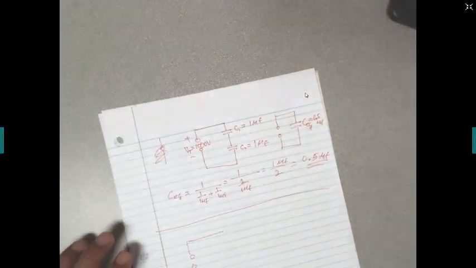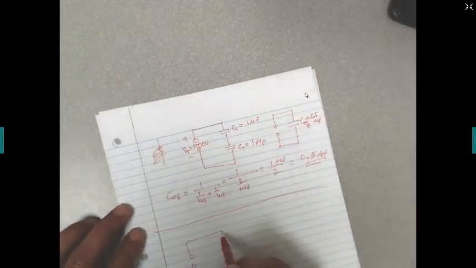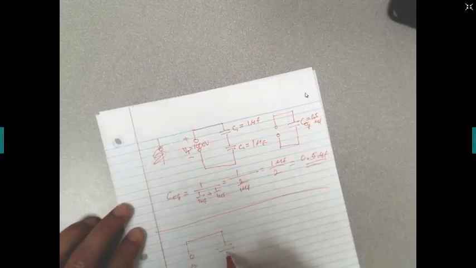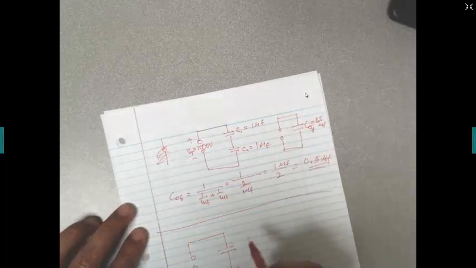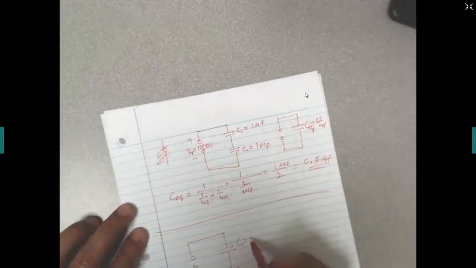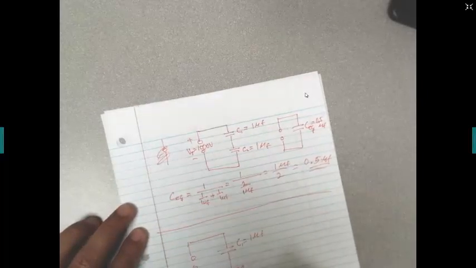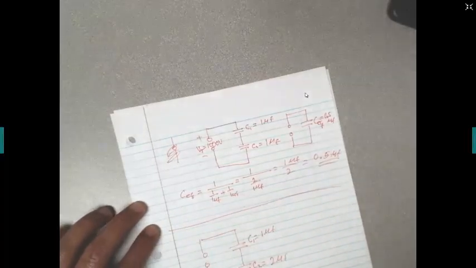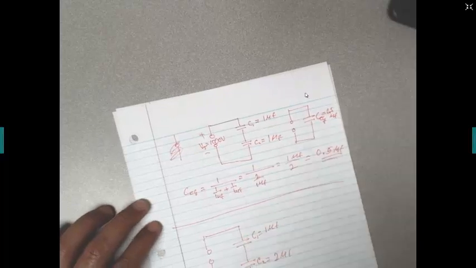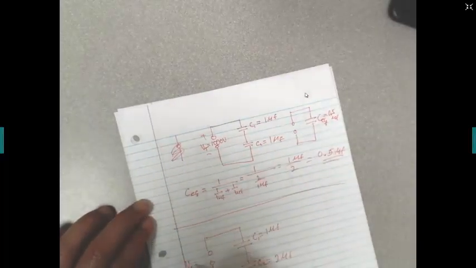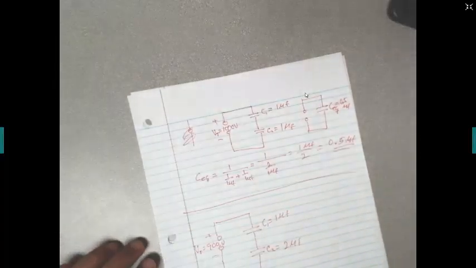So let's do a different problem now with different capacitors, and we will find the voltage across the capacitors. Let's say C1 equals 1 microfarad, C2 equals 2 microfarad, right? And let's say the voltage right here, VT, would be 900 volts.